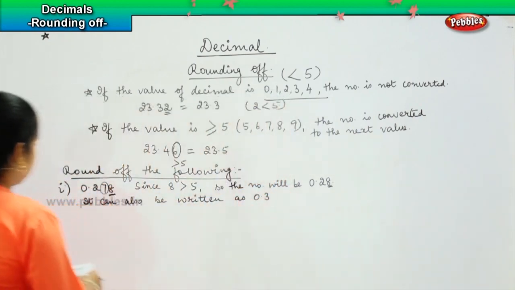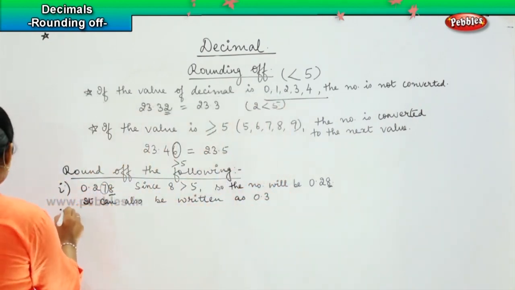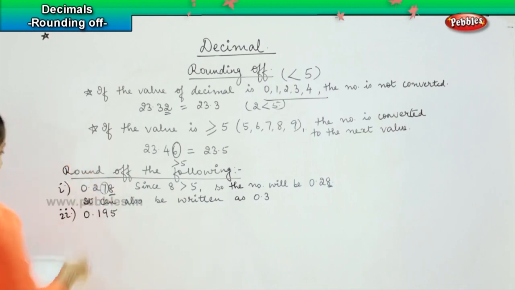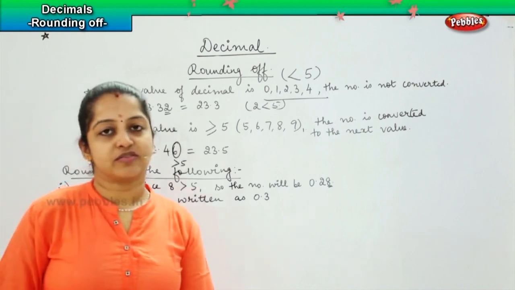The next example question is 0.195. So how will you round it off, children?